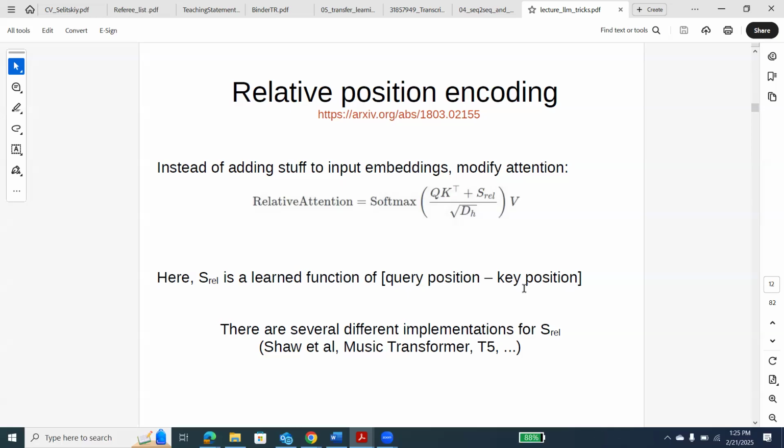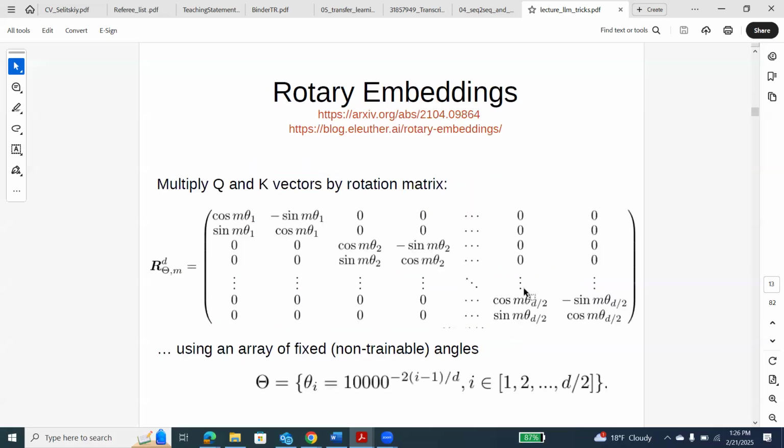So we can train this matrix of relative positional encodings, and then it was added to our input tokens, and this is how the model was trained with a smaller number of parameters.